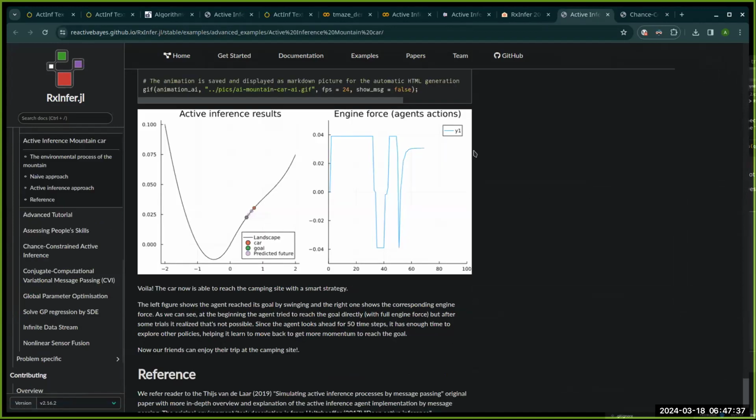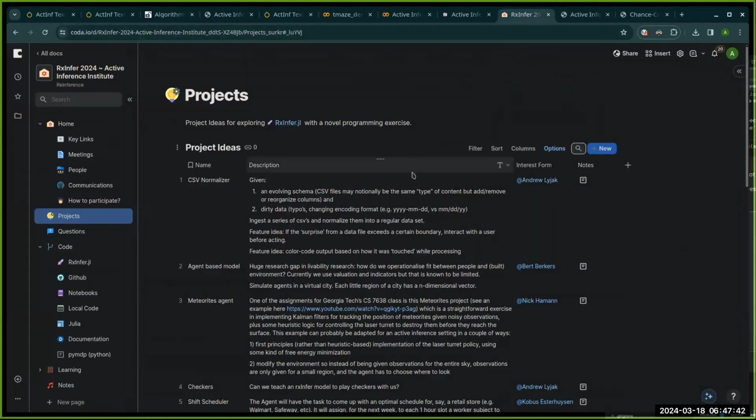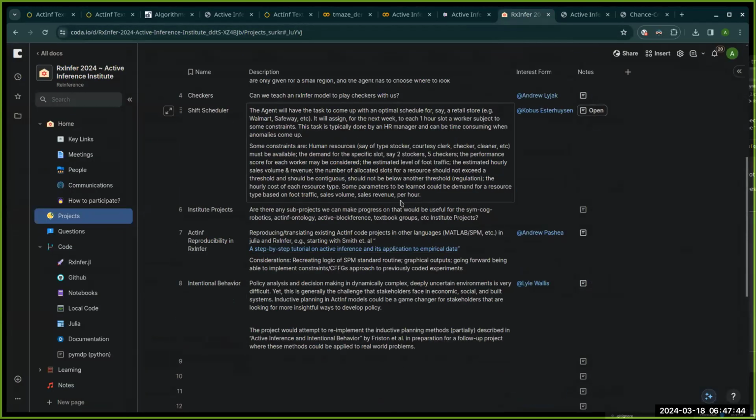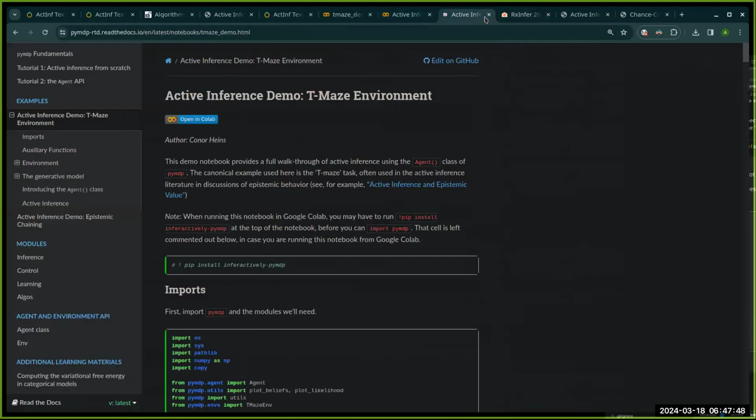And then we're also going to bring this back into the textbook group by looking to replicate PyMDP and textbook examples in RxInfer.